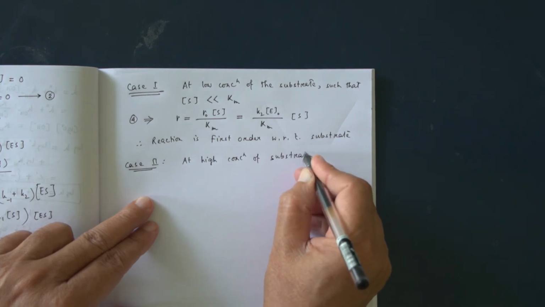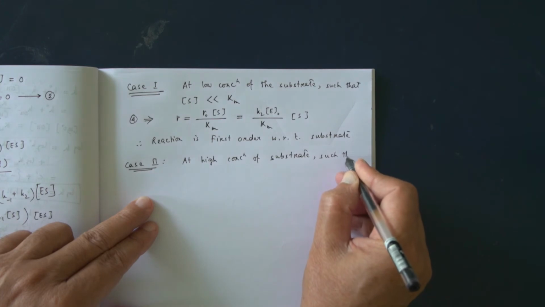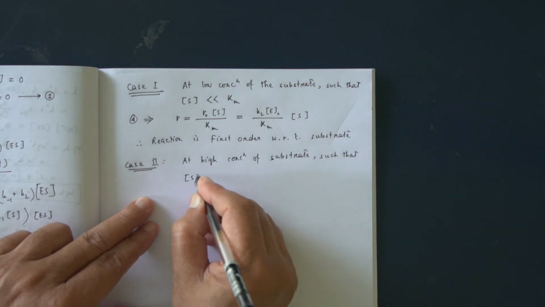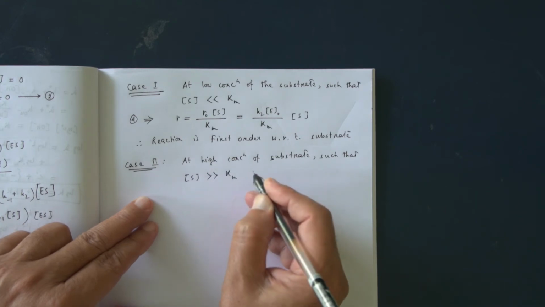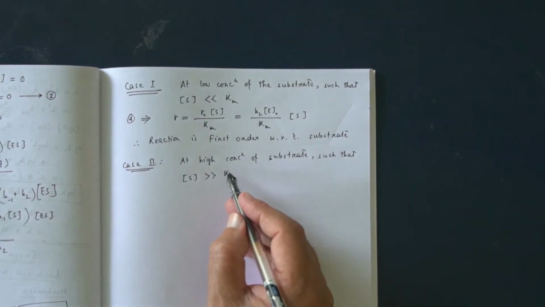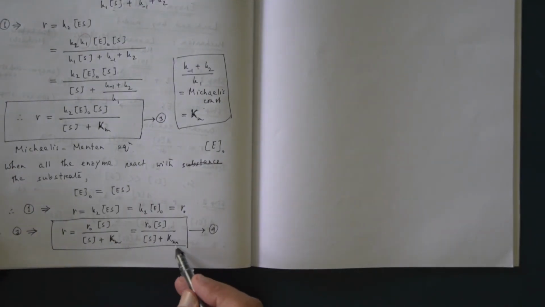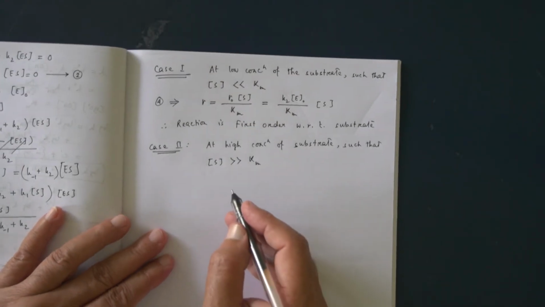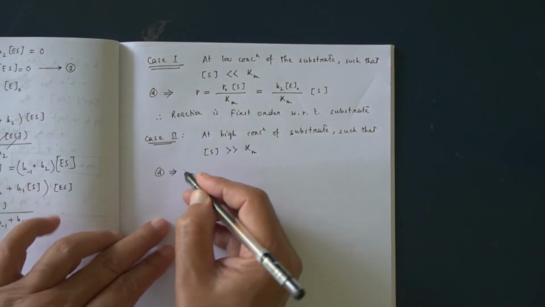Such that the substrate concentration is very very higher than Km. So in that case we can neglect Km. From 4 again, what we get?